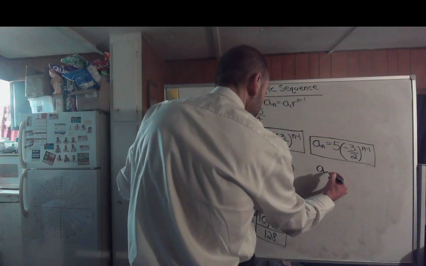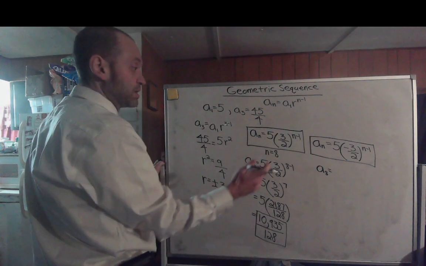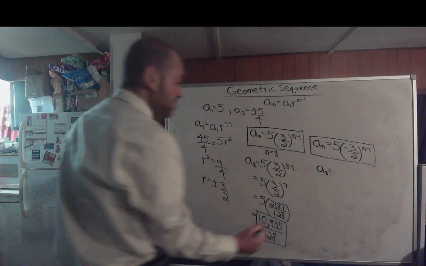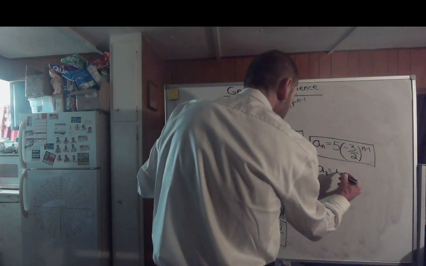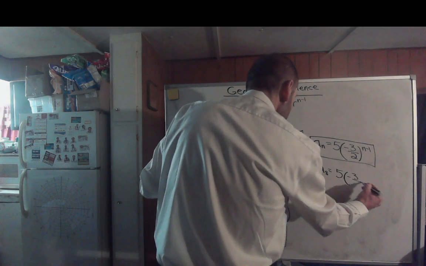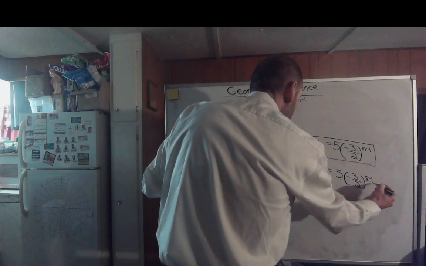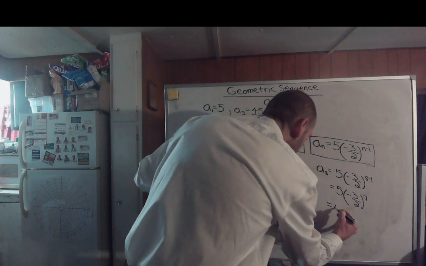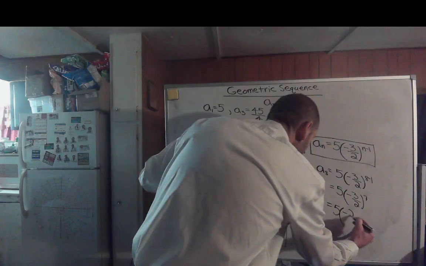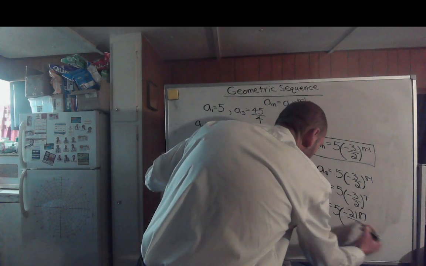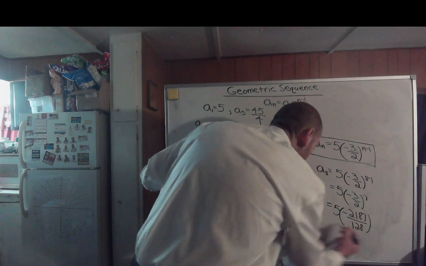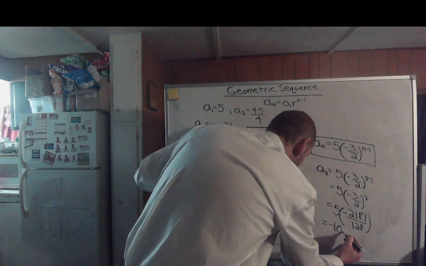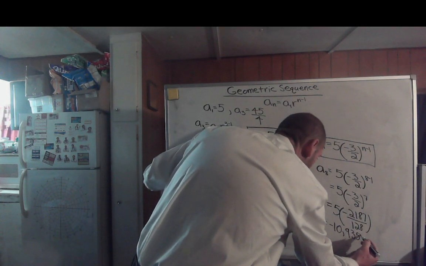Or if we try to put it into this particular formula with the negative common ratio, all you have to do is take that 5 times that negative 3/2 to the 8 minus 1 power, which would give you 5 times negative 3/2 to the 7th power. Since it's an odd power, that means you'll get a negative quantity. So this would be 5 times negative 2,187 over 128, which would give you negative 10,935 over 128.